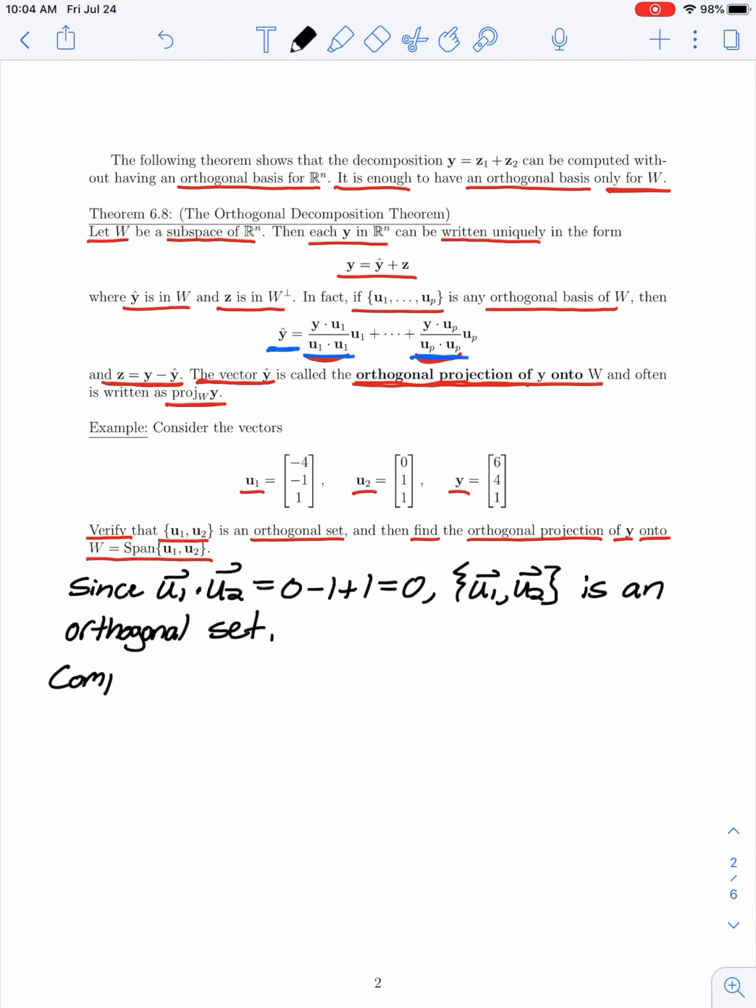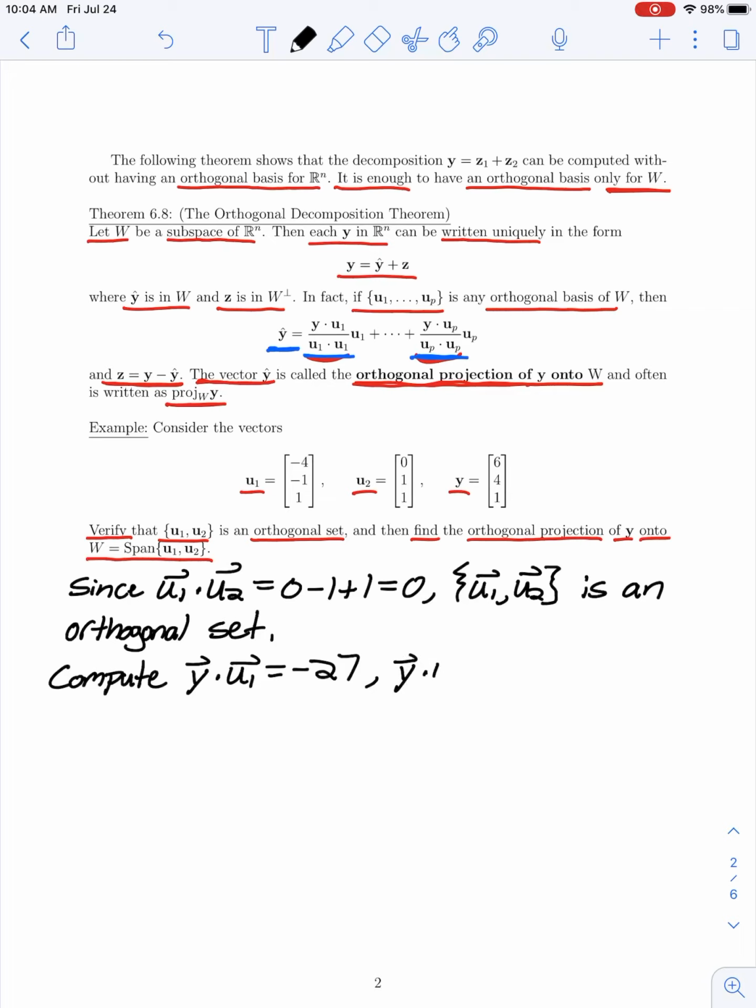So here we will compute the dot product of y with u1, which would be equal to negative 24 minus 4, so negative 28, and then plus 1. So we have negative 27.